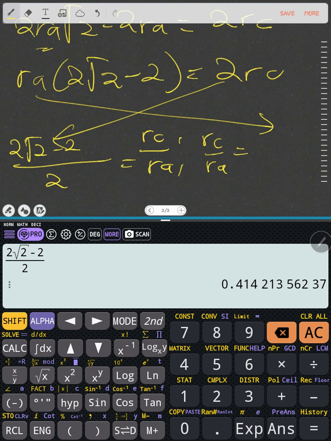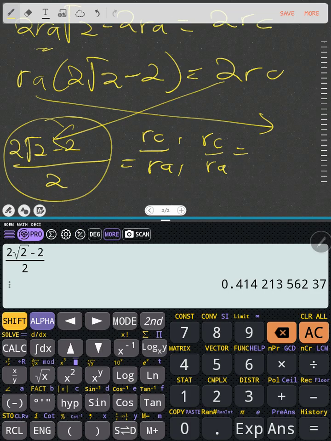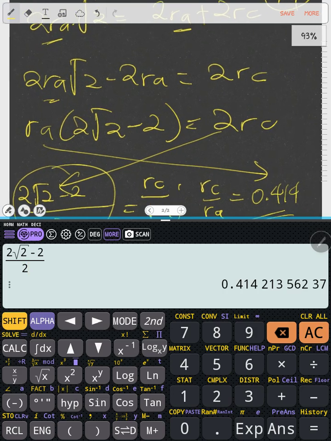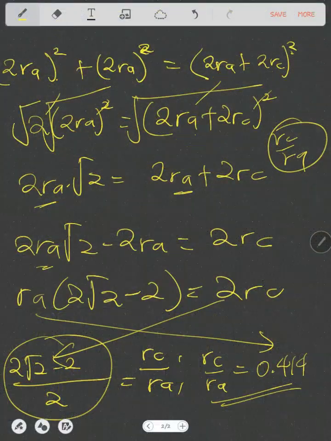So it's 2 root 2 minus 2 over 2. And what is that giving us? 0.414. So this here is the lower limit of the cation-anion radius ratio when the coordination number is 6.